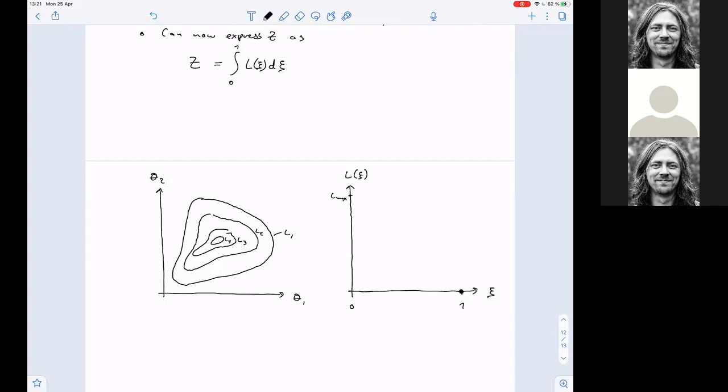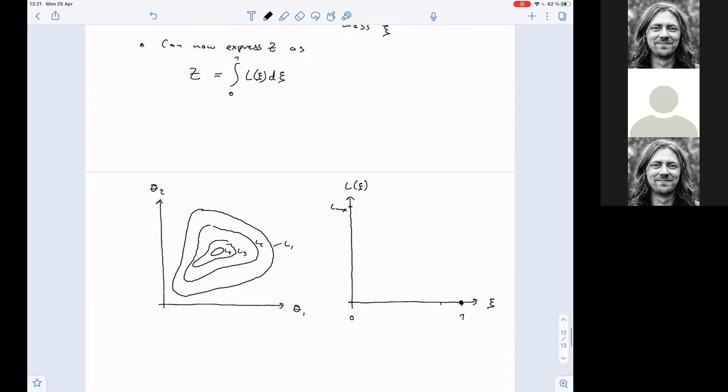Then say these 4 contours, where L1 is the lowest likelihood value, will correspond to decreasing values of prior mass. So for instance, we'll have a point maybe here, which will be psi 1, L1. Perhaps a point here, which is psi 2, L2. A point here, psi 3, L3. A point here, psi 4, L4.